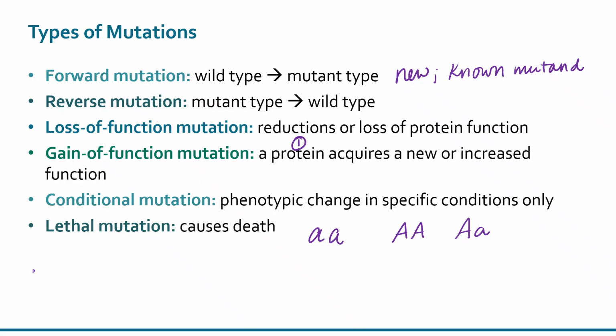On the next slide, we have something called a suppressor mutation. And this is a situation of epistasis. We talked about epistasis way back at the beginning of the semester. This is where one gene controls the expression of another.